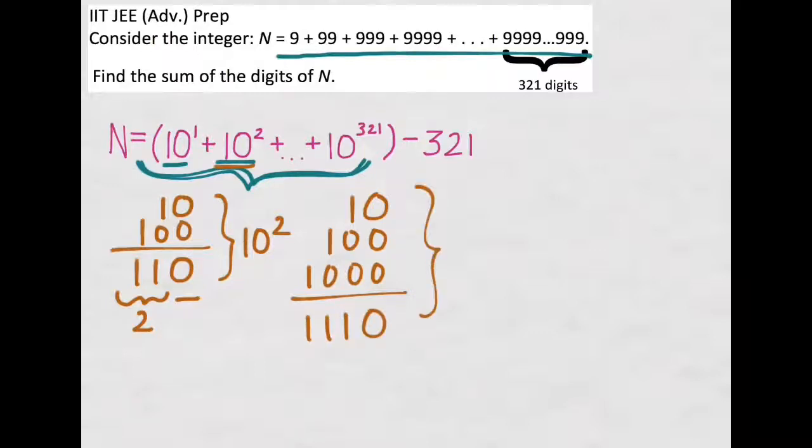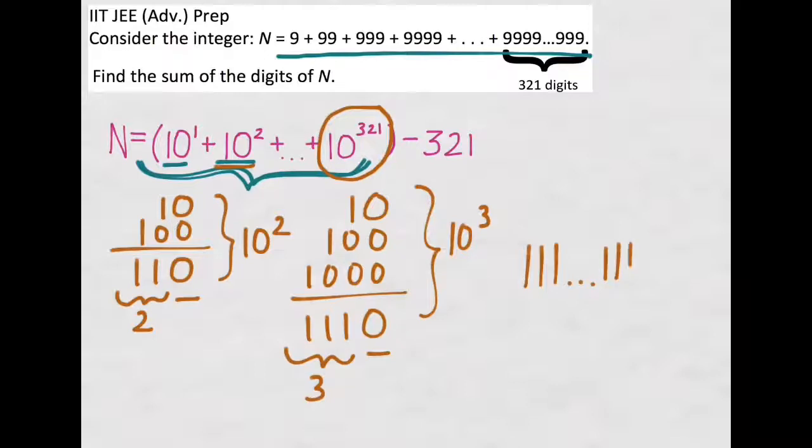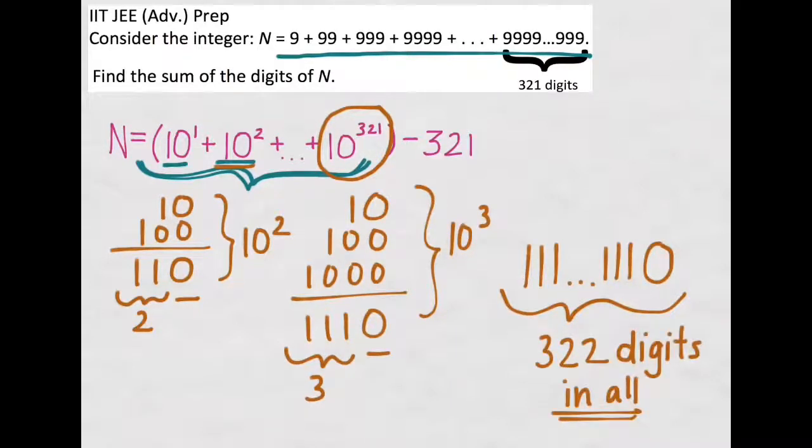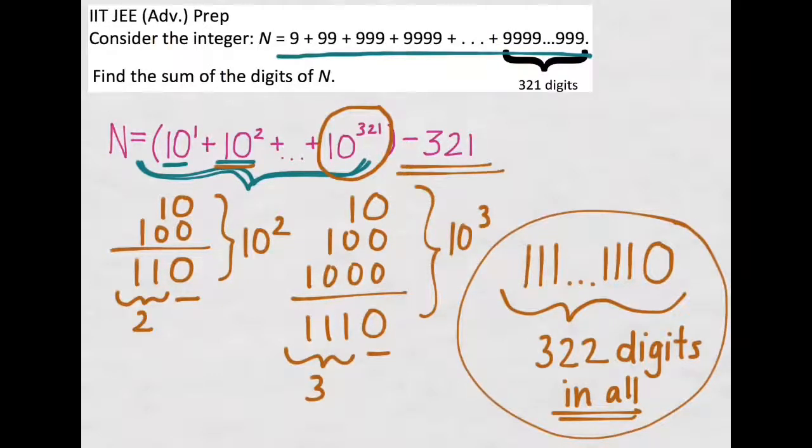So our answer consists of 3 ones and then 1 zero at the end. Therefore, we can conclude that when we stop at 10 to the power of 321, our answer should consist of 321 ones and then 1 zero at the end. So the total number of digits should be 322 digits in all. n simply equals this number minus 321.